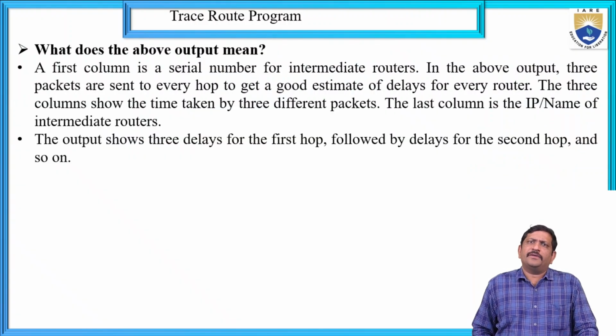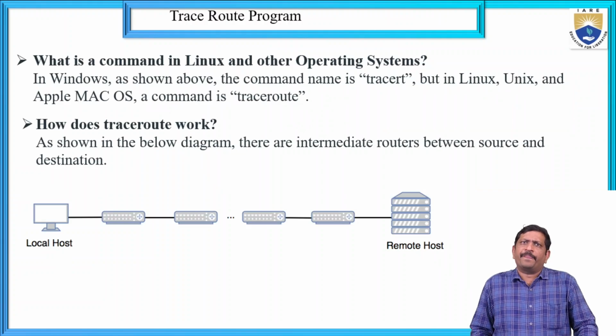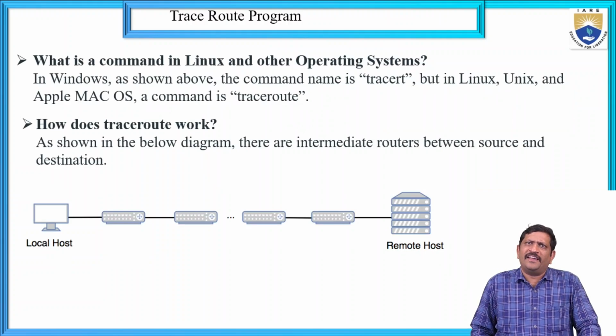The output shows 3 delays. The delay for the first hop is followed by the delay for the second hop, and so on, depending upon the number of routers we are utilizing between the source machine and destination machine. Here are the commands in Linux and other operating systems.